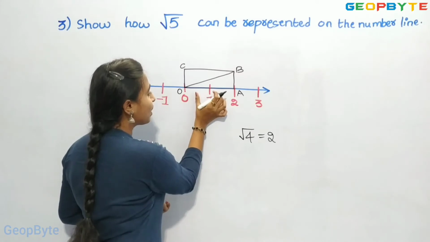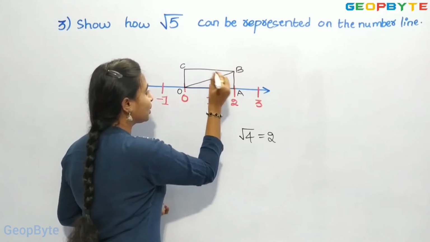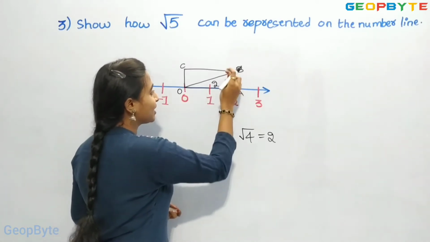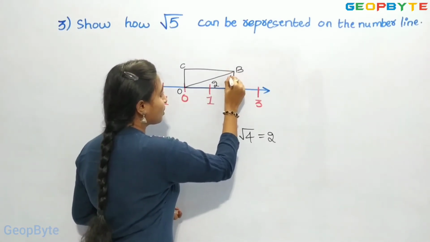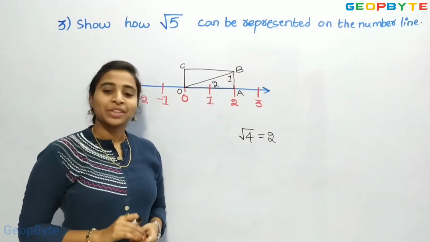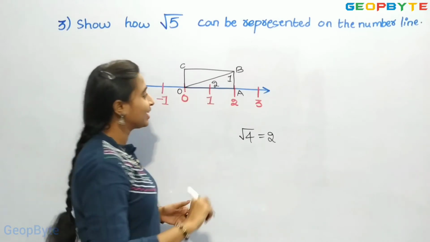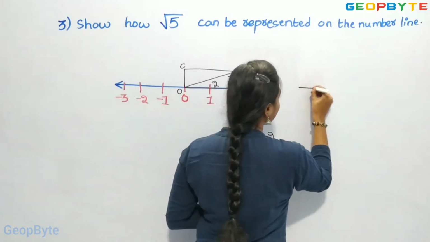Now, this is my 2 units length. Let us write 2 and this one is of 1 unit length. Let us write 1.